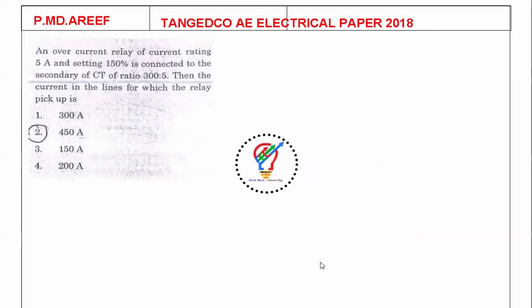Next question is from the power system protection. An overcurrent relay of current rating 5 amperes and current setting 150% is connected to the secondary of a CT of ratio 300:5. Then the current in the lines for which the relay picks up. Now the formula for the relay pickup is: relay pickup is equal to current setting into CT ratio.